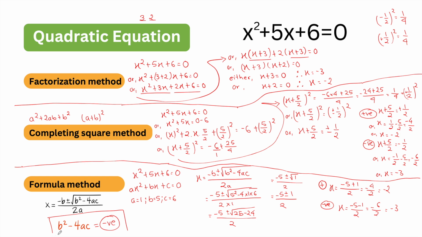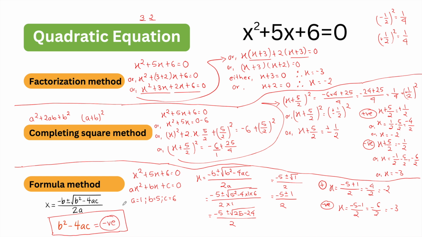Okay, this is about the beauty of the formula method. The formula method clearly tells us that if you have something like this, then this cannot be solved. So if we have b square minus 4ac as negative, we can never solve this quadratic equation to get the value of the variable.